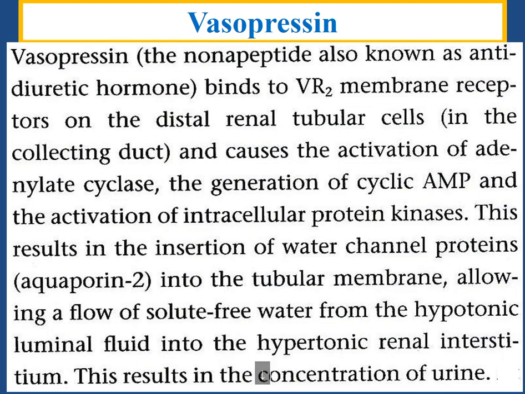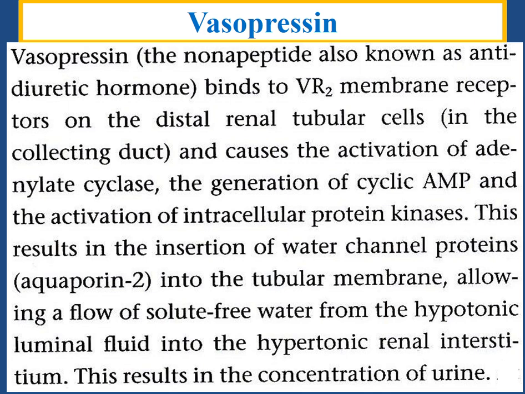Vasopressin, a nonapeptide also known as antidiuretic hormone, binds to V2 membrane receptors on the distal renal tubular cells in the collecting duct and causes the activation of adenylyl cyclase, the generation of cyclic AMP, and the activation of intracellular protein kinase.